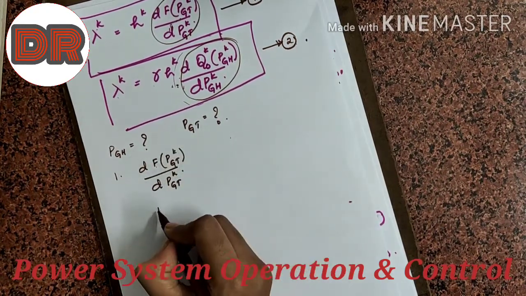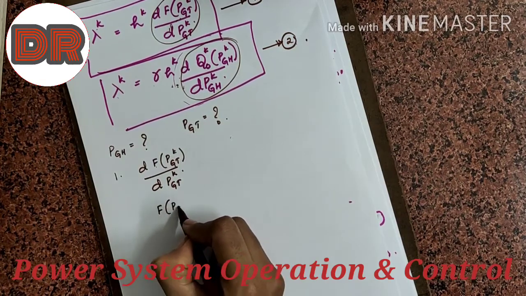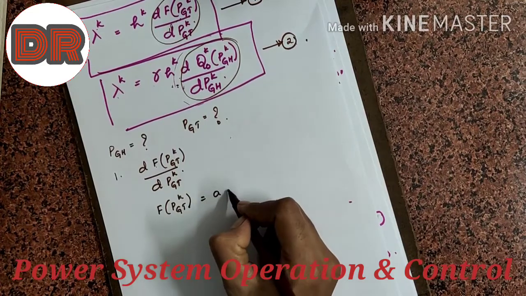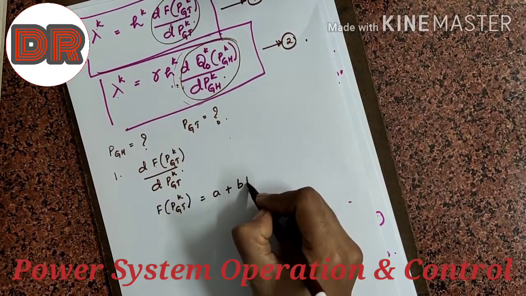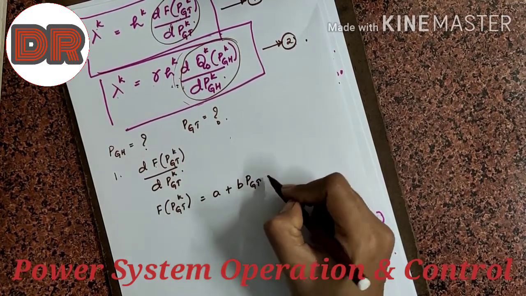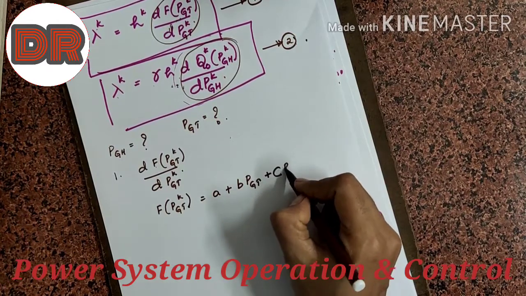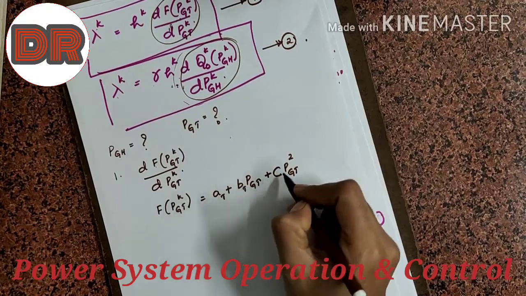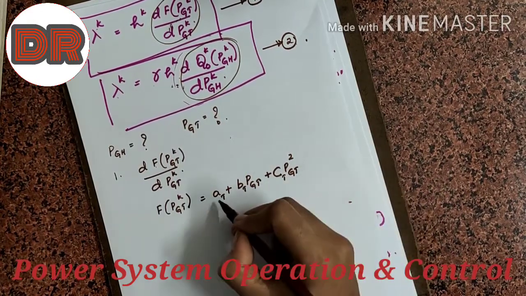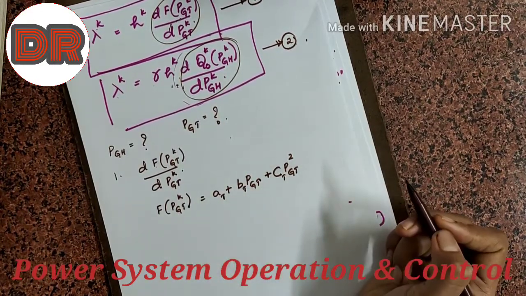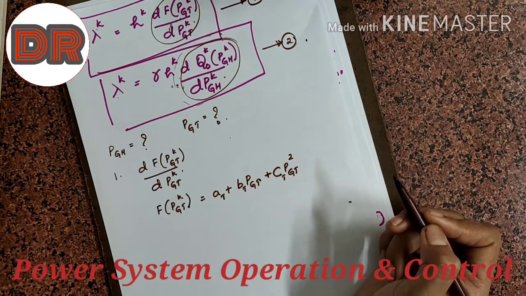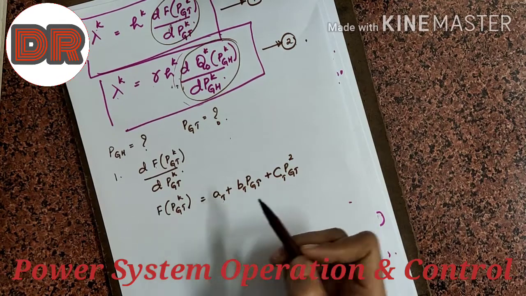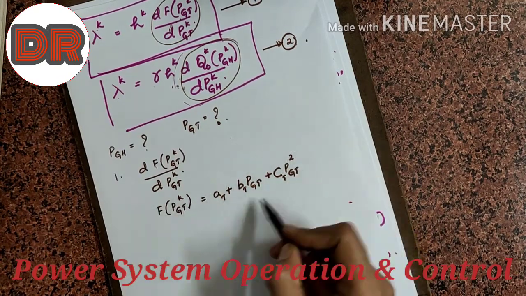So how to write the cost function? f of pGT K can be given as A plus B pGT plus C pGT square. Let me use a T here for all these coefficients, because these are the coefficients of the cost function, which depends on the thermal power plant.